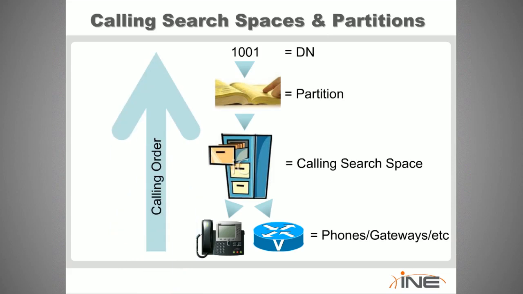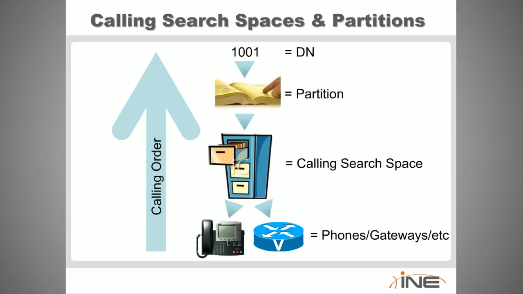Okay, so the calling order is actually opposite. The configuration order was, of course, we had to set up partitions and calling search spaces. We placed the DNs in the partitions. We placed the numbers in the directories. We placed the partitions in the calling search spaces. Okay, so we placed the directories in the filing cabinets.